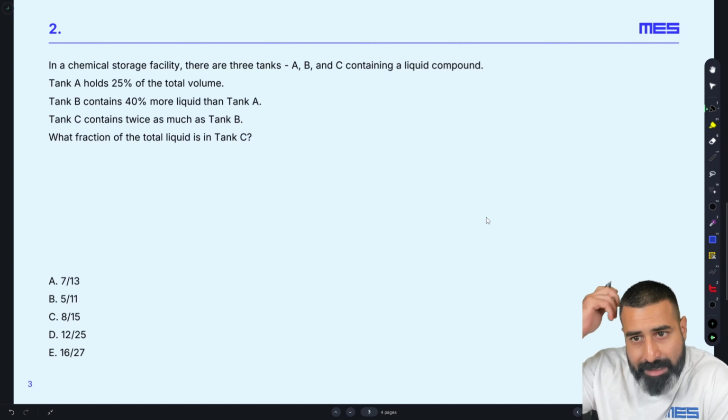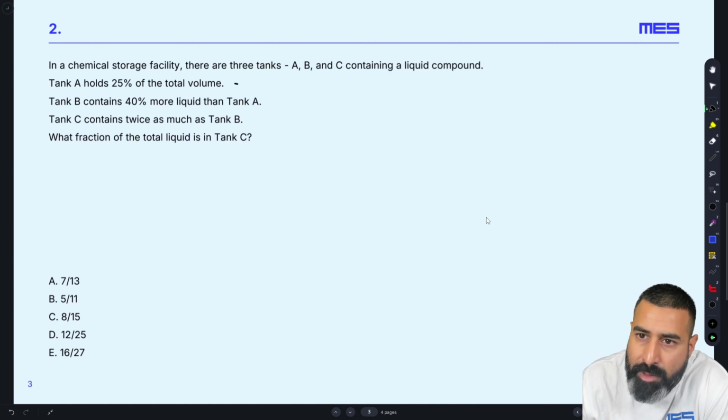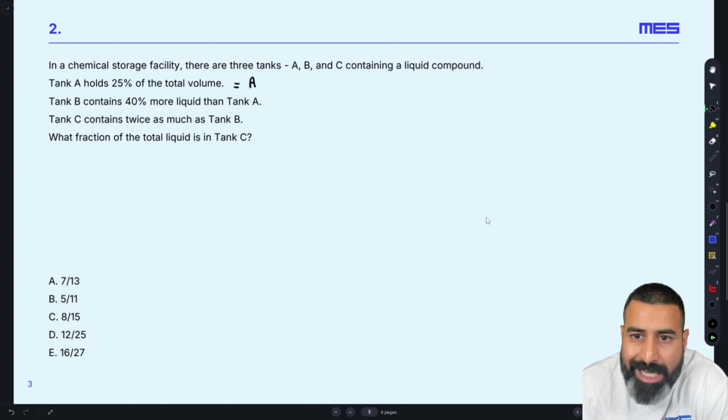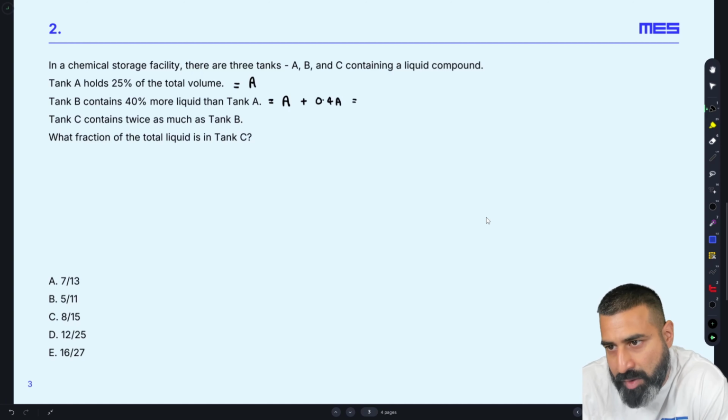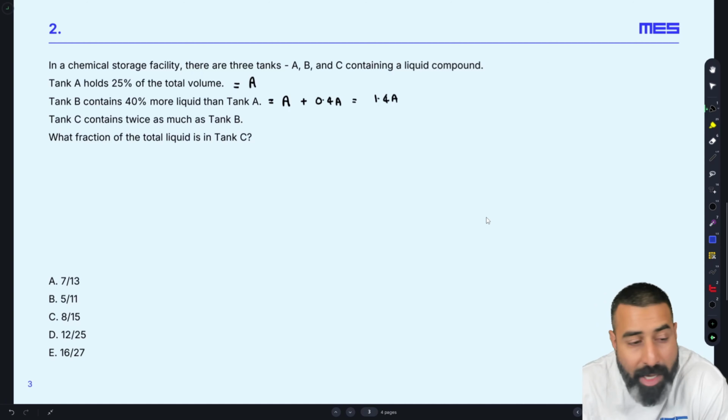So let tank A equal A. So tank B contains 40% more liquid than tank A. So we can say that tank B is equal to tank A plus 40% of A, which we can express as 0.4A. So 1.4A in total.